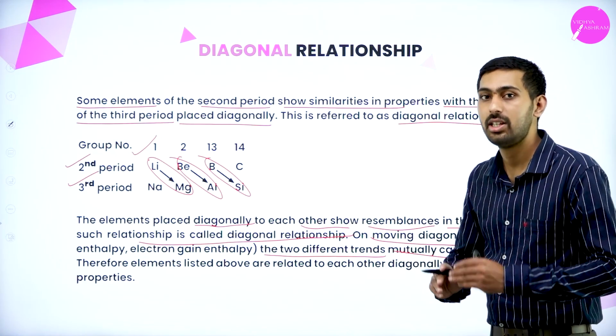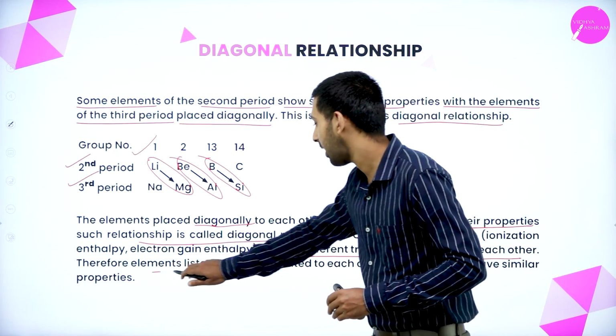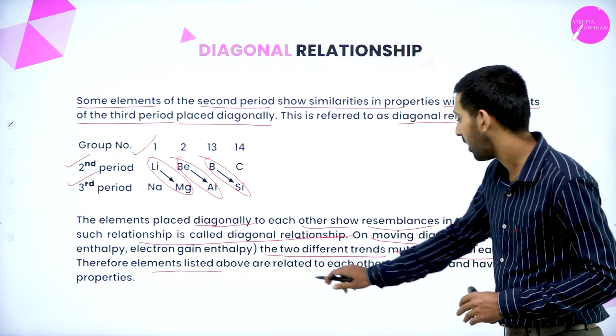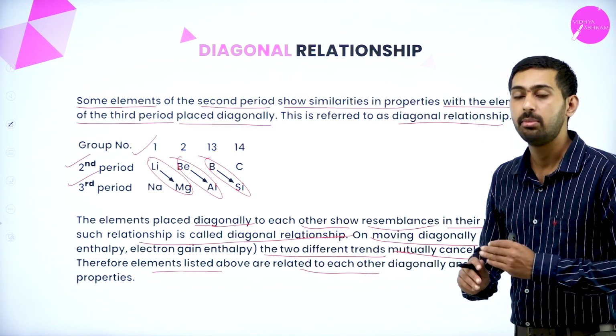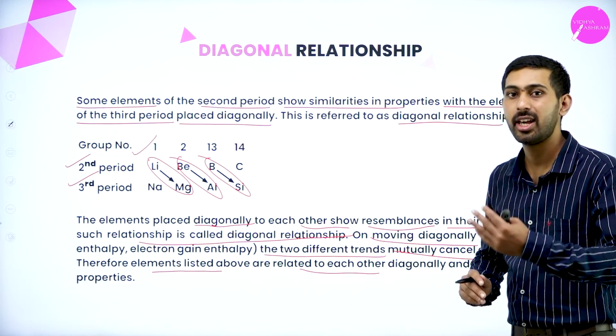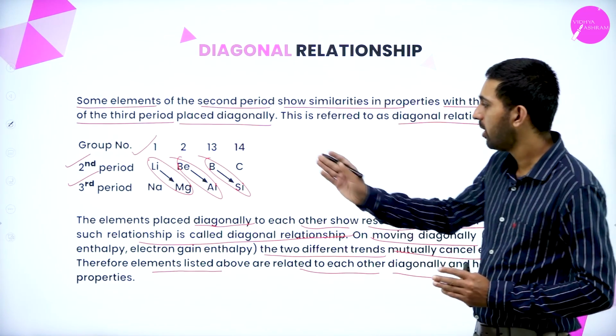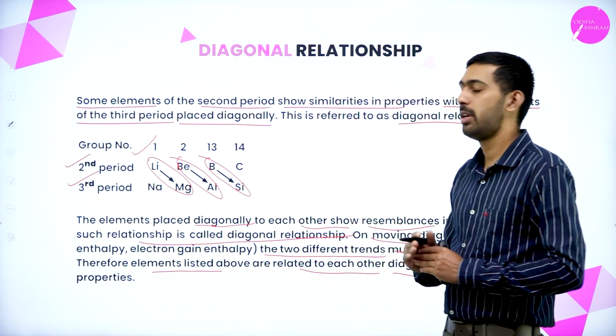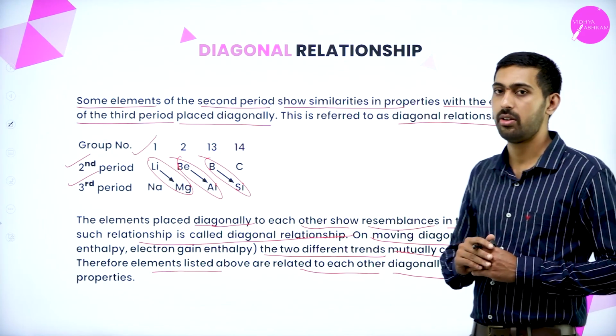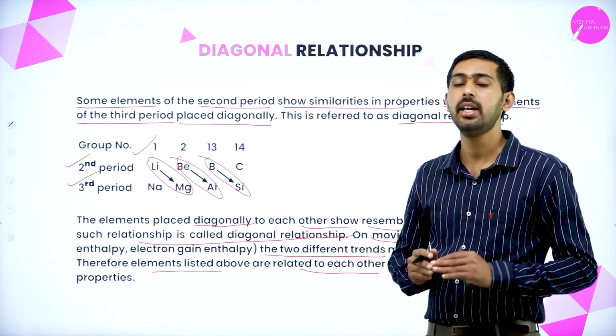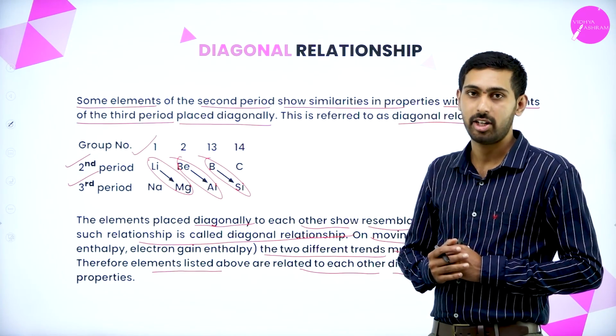Therefore, these elements listed above are related to each other. They show similar properties, so it is called diagonal relationship between lithium and magnesium, beryllium and aluminium, and boron and silicon.